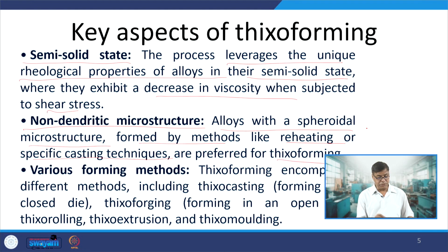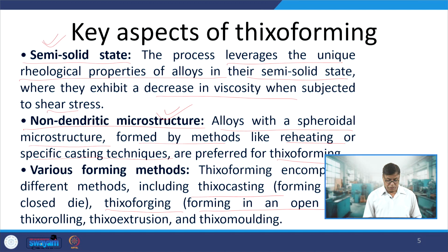So, the material used has a non-dendritic structure, and the material is brought to the semi-solid state by heating it suitably in between the liquidus and the solidus temperature, and thereafter once the material is ready, the suitable shape is given using various approaches like thixocasting, where forming is done in closed dies, thixoforging, where forming is done in open dies, thixorolling, thixoextrusion, and thixomolding.